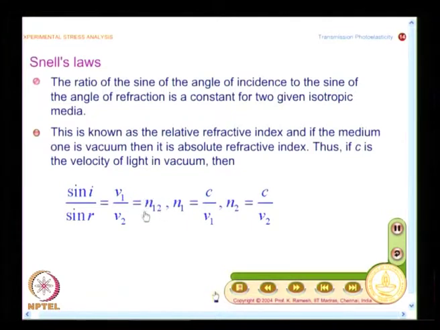And what we look at specially here is this sin i by sin r as the ratio of velocities v1 and v2. So, what does this say? When I look at this as a ratio of velocities, what do you infer from this? We all know the velocity of light in vacuum is c.